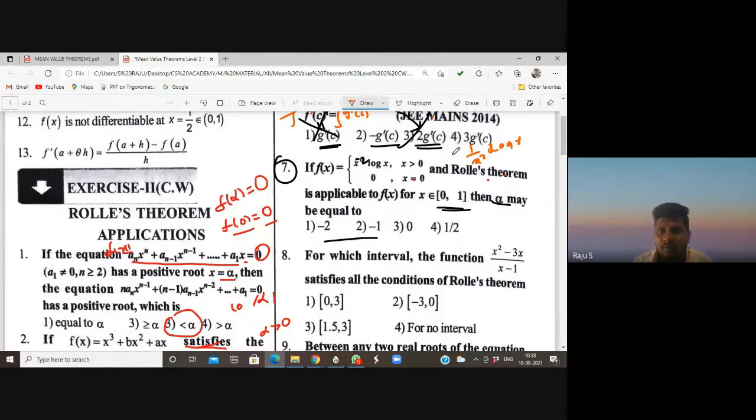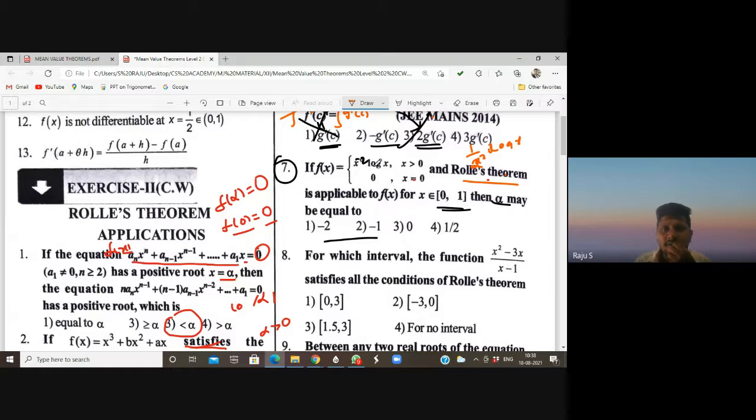When I substitute the values, greater than 0, if I substitute infinity, 0 we will get. But we don't get the value like alpha. So this doesn't exist, Rolle's theorem is not applicable, because f of 0 should not equal f of 1.